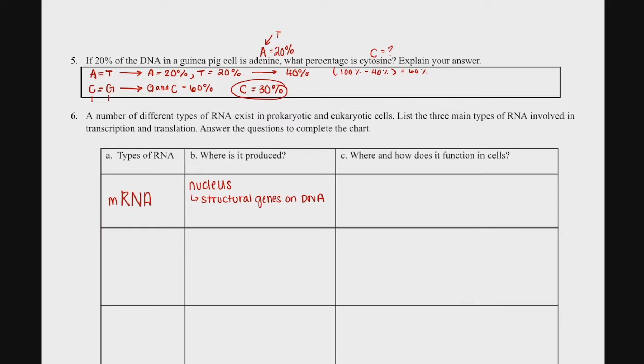The mRNA functions in the cytoplasm, and it's translated into protein because it carries the information in codons that determine the order of amino acids.